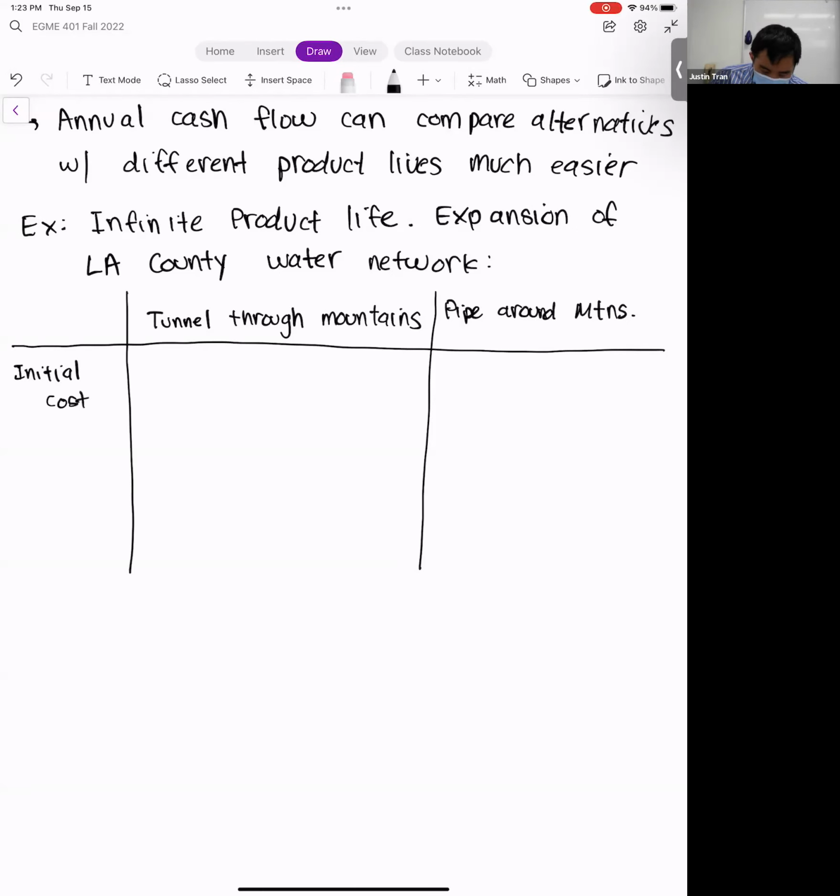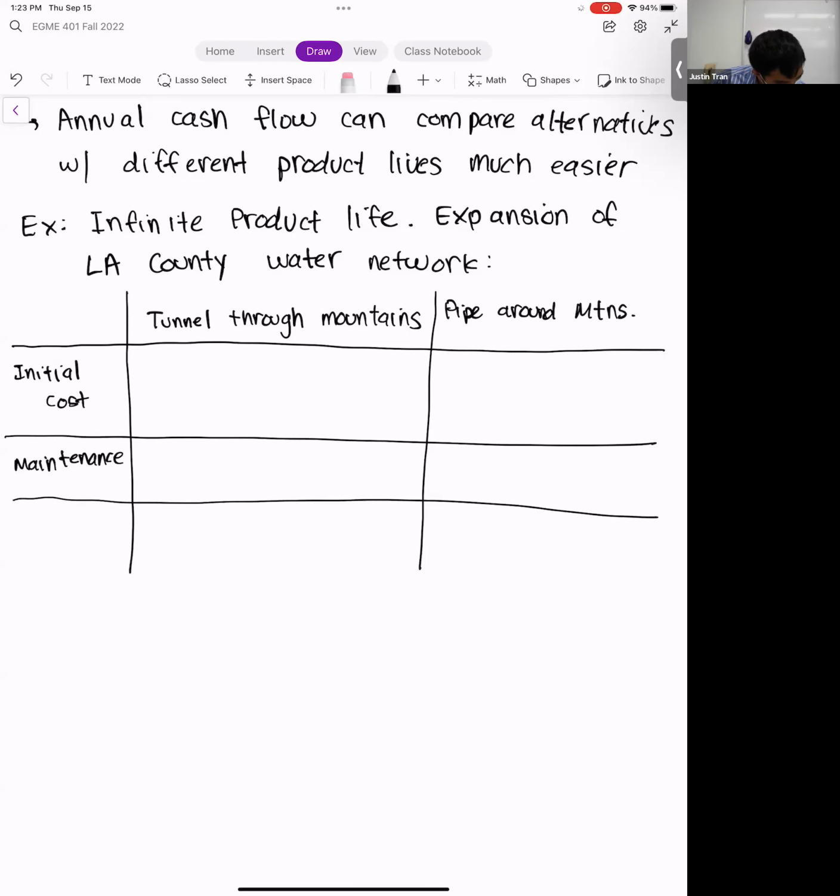All right, so both are going to have initial costs. They've also been rated for their maintenance. And we also have information on their useful lives. For the tunnel through the mountains, it's going to cost $5.5 million.